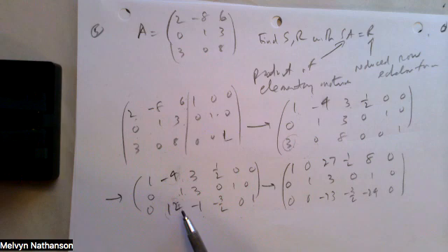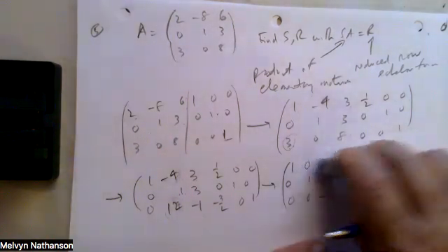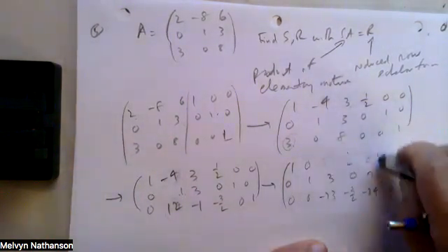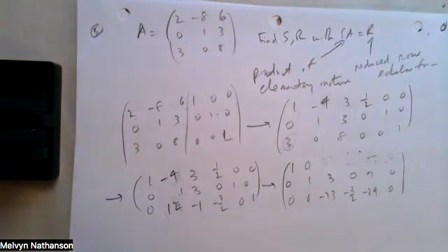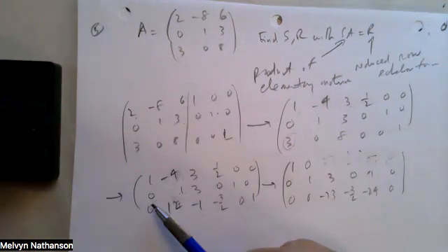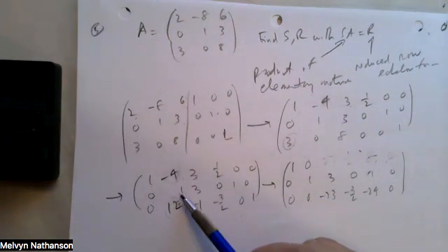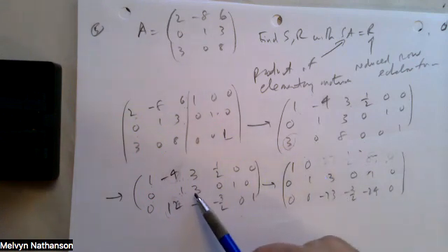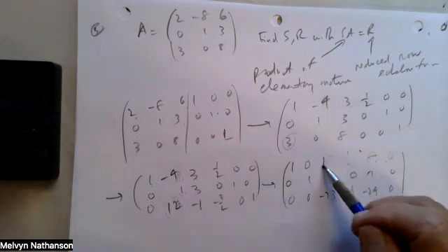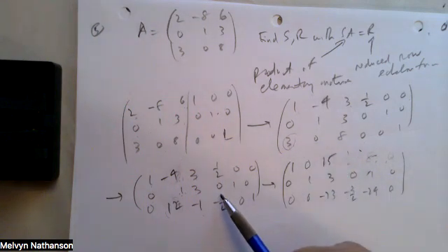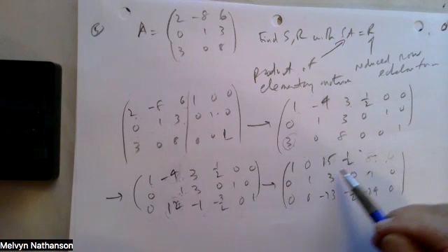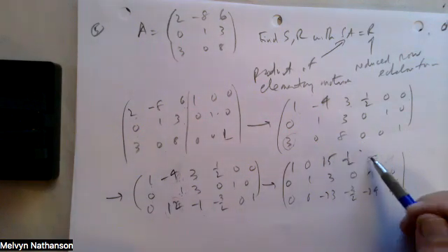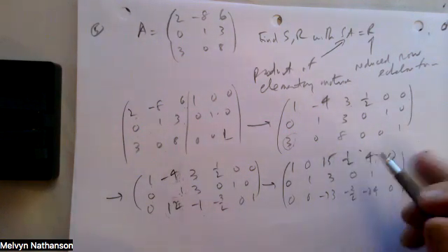Then I want to get a 0 here. So I add 4 times the second row to the first row. 0 plus 1 is 1. 4 minus 4 is 0. 12 plus 3 is 15. 0 plus a half is a half. 4 times 1 is 4, and 0.